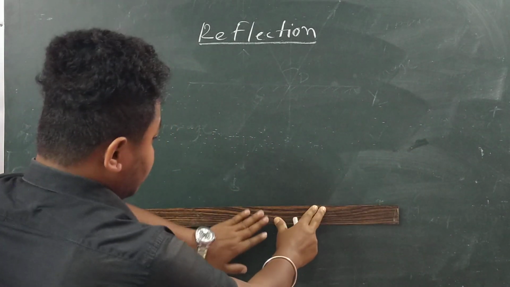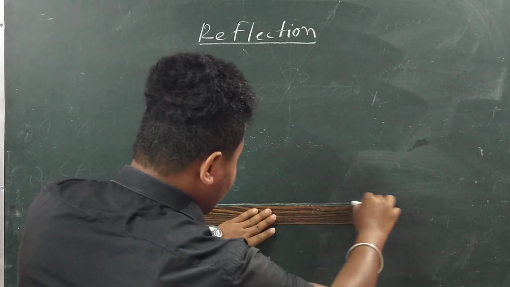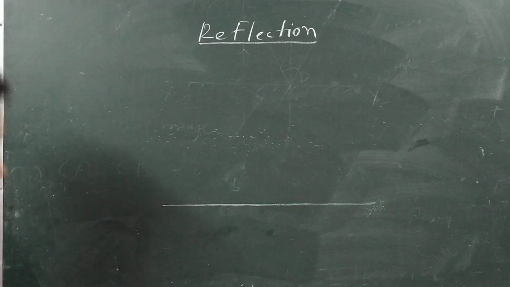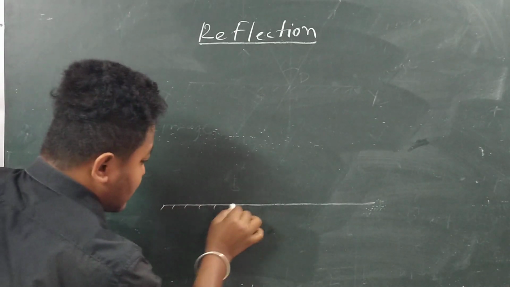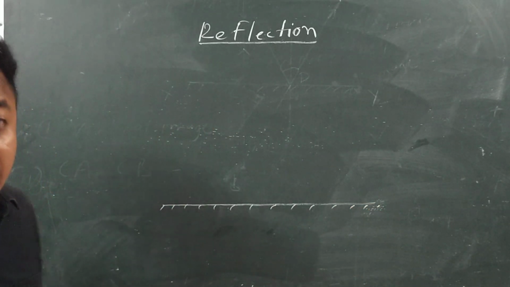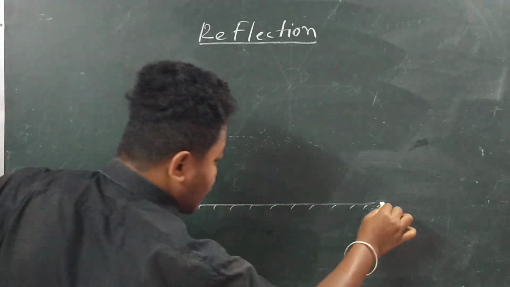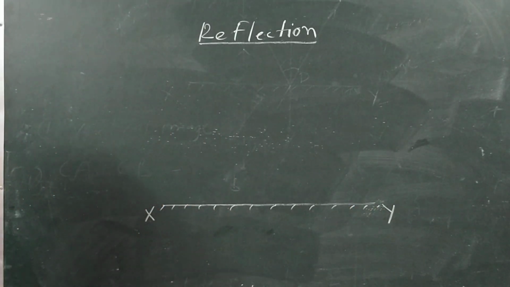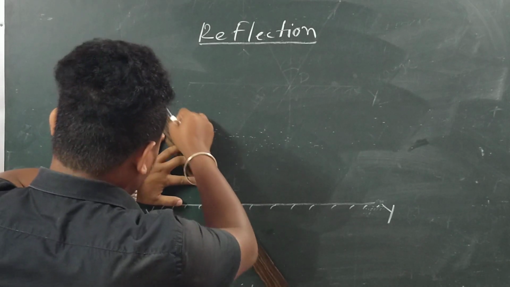Suppose this is a reflecting surface, and let me name the surface XY. Now there is a ray of light coming this way.